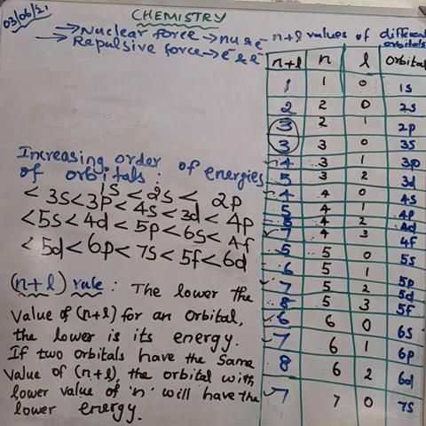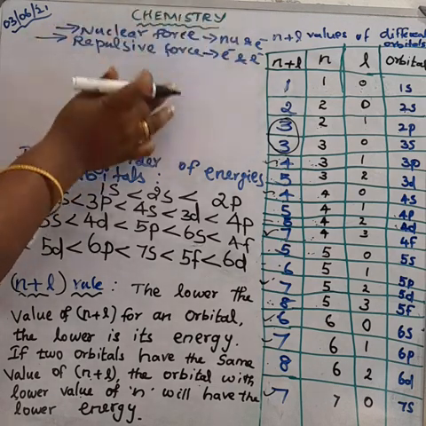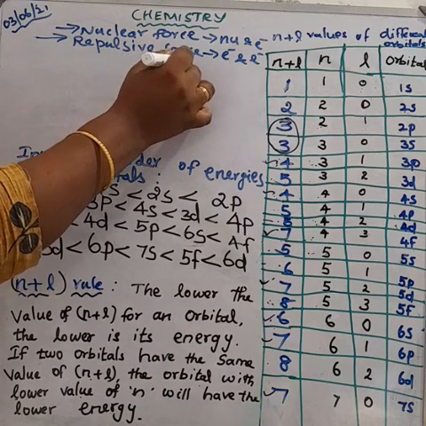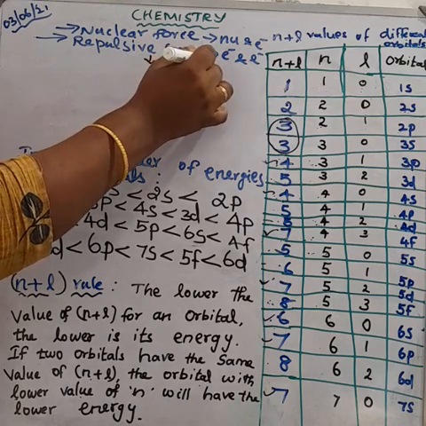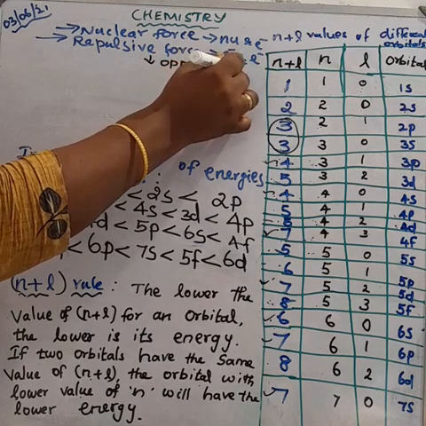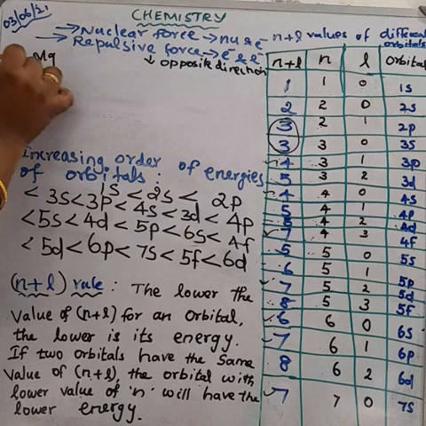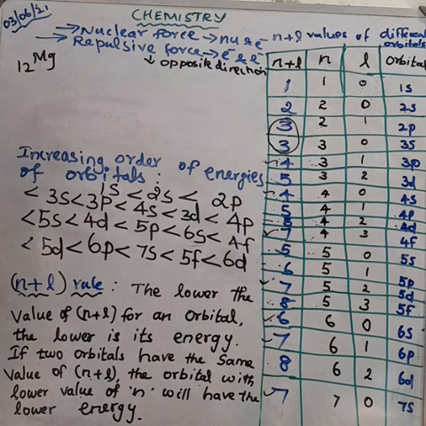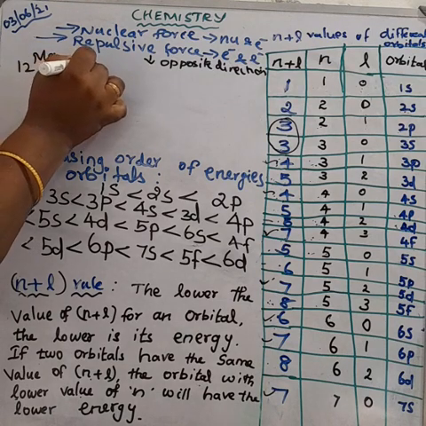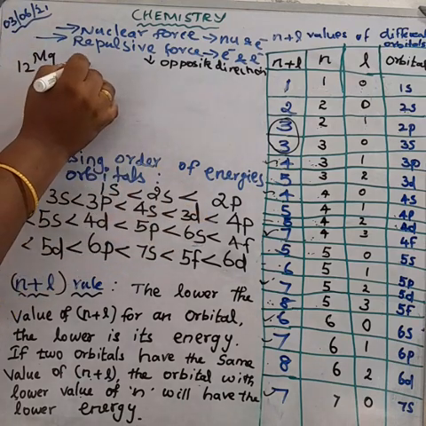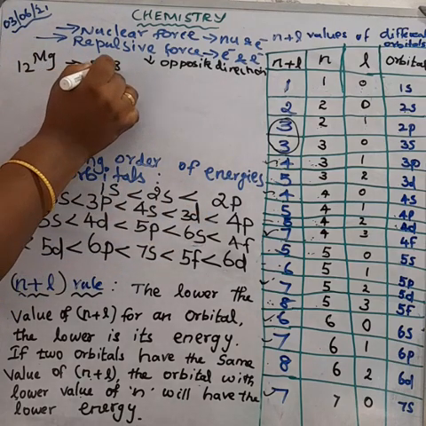So these two forces are operating in opposite directions. For example, we are taking the magnesium atom. You know the atomic number of magnesium is 12. So the electronic configuration, how the electrons are filled in shells, is 2, 8, 2.